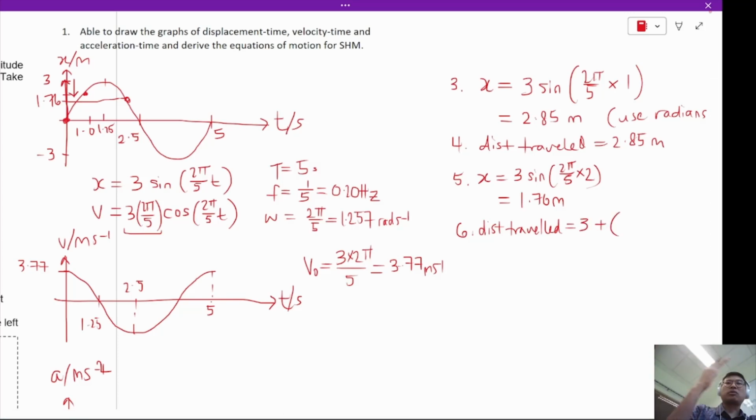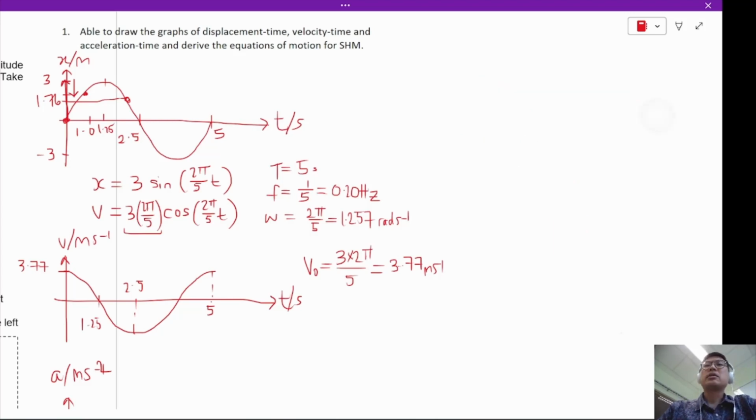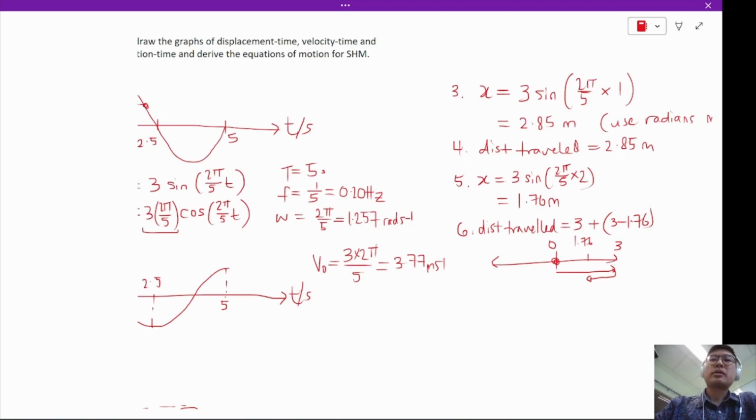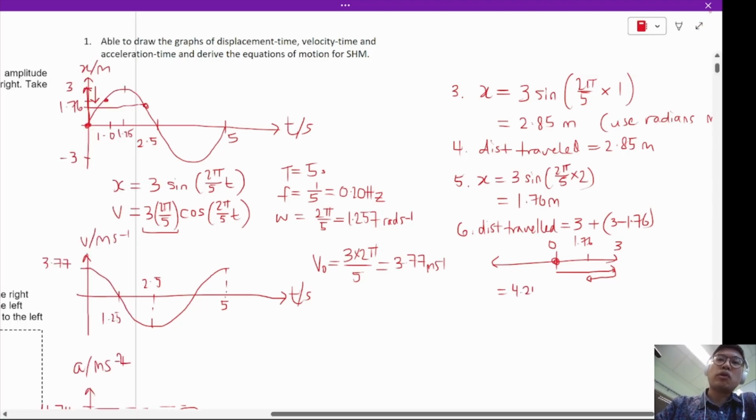When you go backwards from 3 to 1.76, the distance traveled is 3 minus 1.76. This is because the object went from here, this is 3 meters, this is 0 meters, this is 1.76. It went from here to here, then it turned around and came back. So the distance traveled will be 3 plus 3 minus 1.76, which is 4.24 meters.